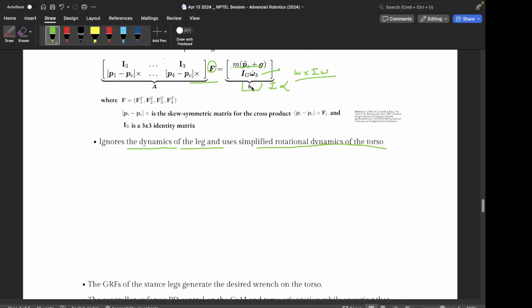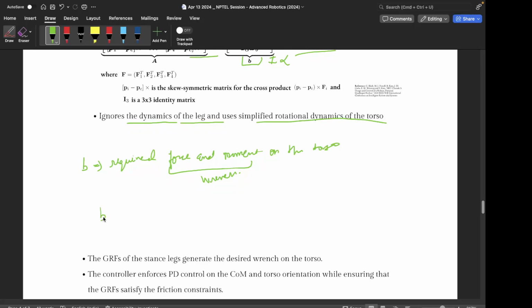So now we have to see how this B term is created. This B is the required force and moment on the torso, and this is also collectively called a wrench.